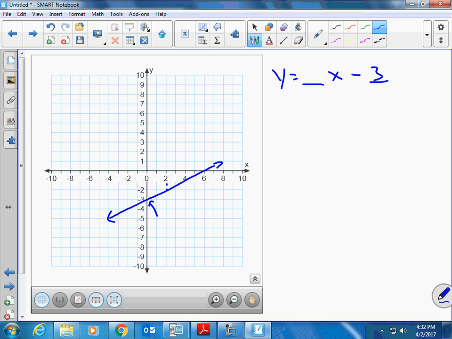Every time these grid lines intersect, those are integer coordinates. So this one here is at positive 2, negative 2, right? How far do I have to go up and over to get to that point? Same as this point, same as that point. I'm going up something and over something. Looks like up 1 and over 2. Yep, up 1, over 2, up 1, over 2. My slope is a half.